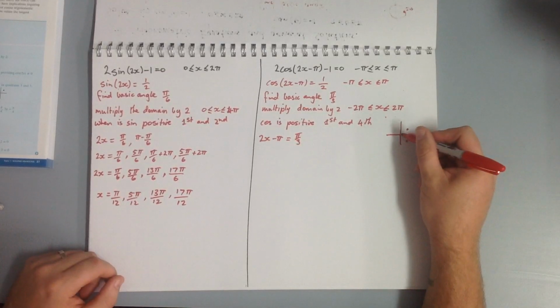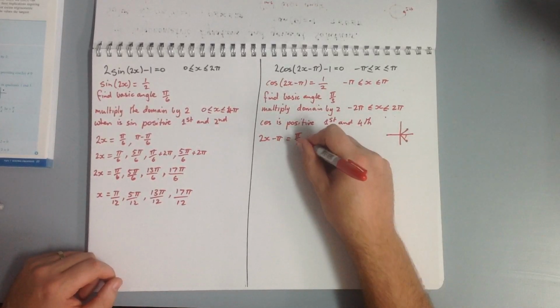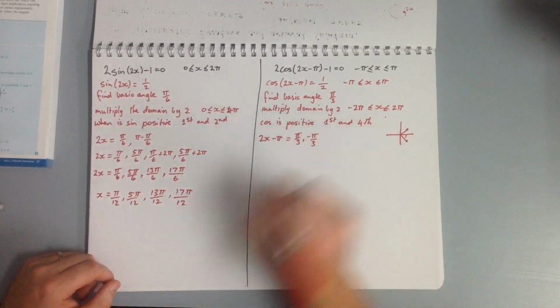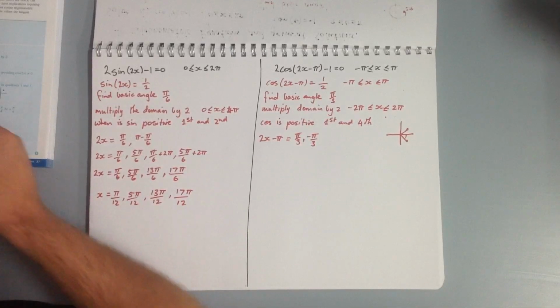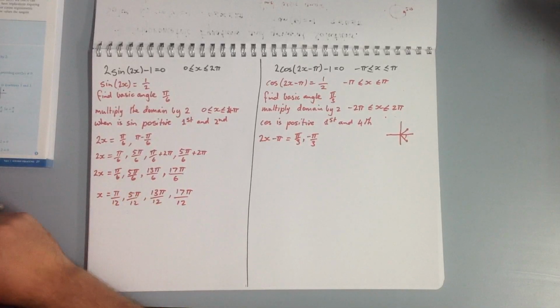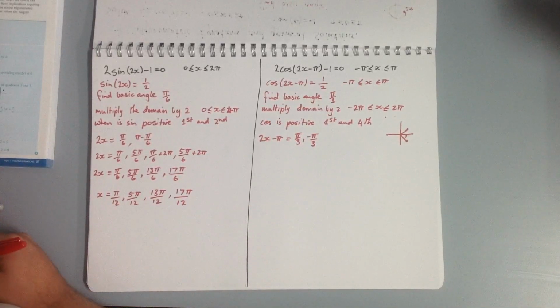So here's this one going this way, and to get to this one going this way, it's just going to be negative pi on 3. And then we need to keep going and do another lap around.